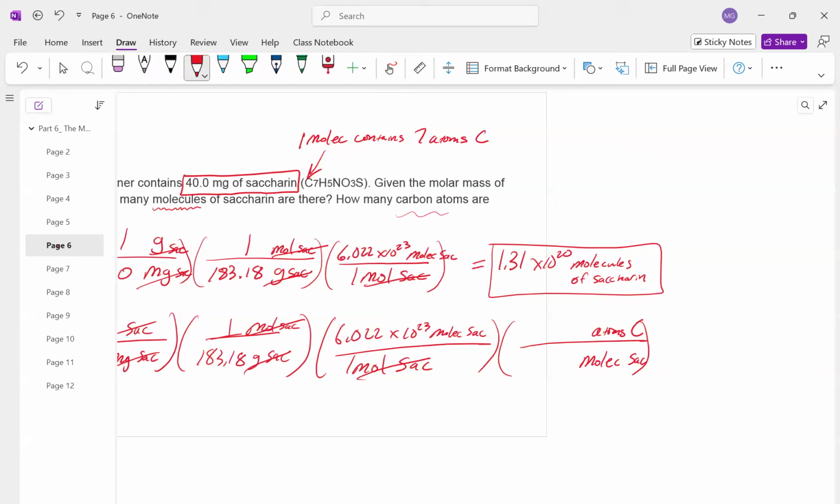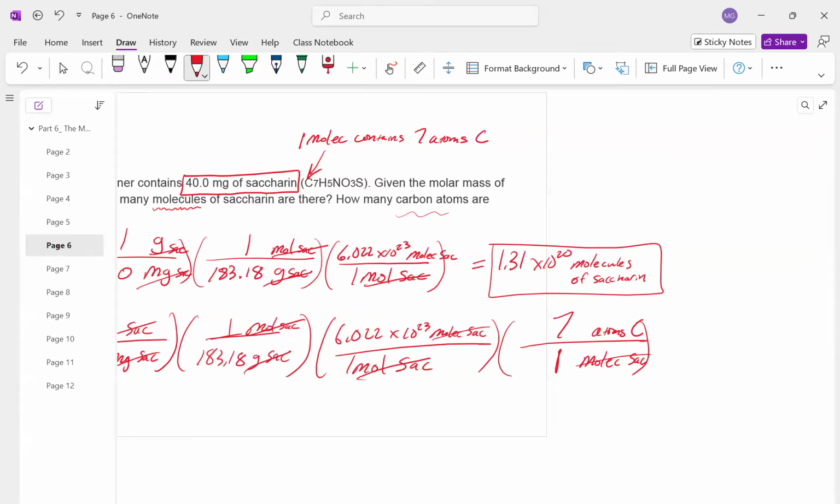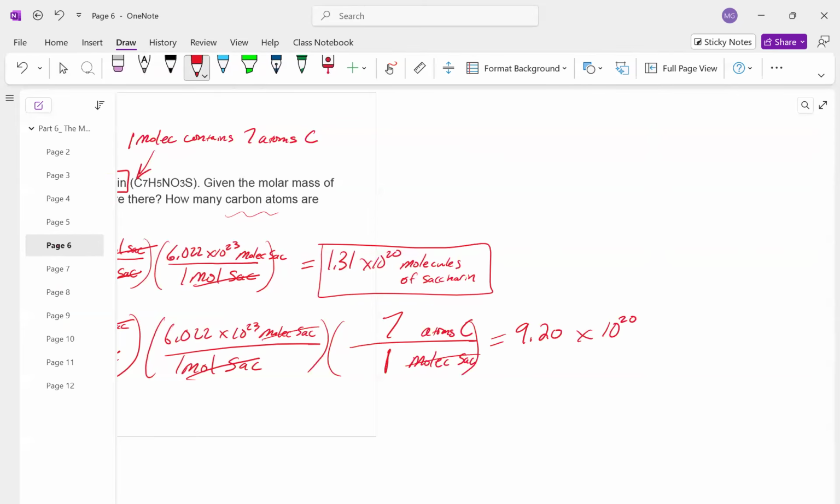And the conversion factor is 1 molecule of saccharin contains 7 atoms of carbon. And so that comes out to 9.20 times 10 to the 20th carbon atoms.